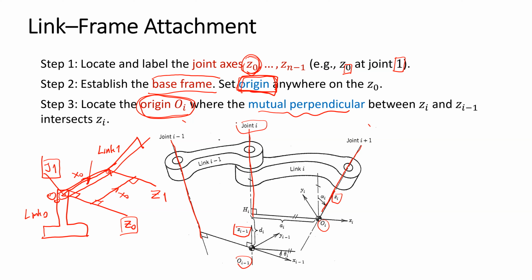We have the joint i and the axis is Ci minus 1, joint i plus 1 and the axis Ci. This is the mutual perpendicular line. The origin of the other frame should be on this line, the mutual perpendicular line that intersects with the Ci axis. So it should be here, the origin of the other frames.